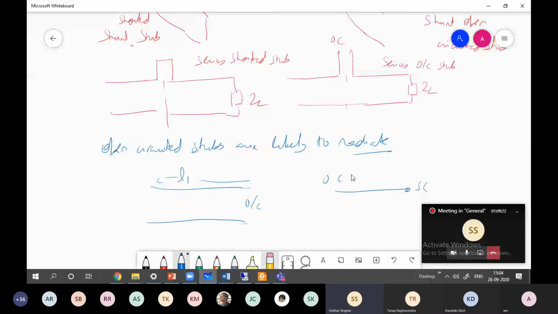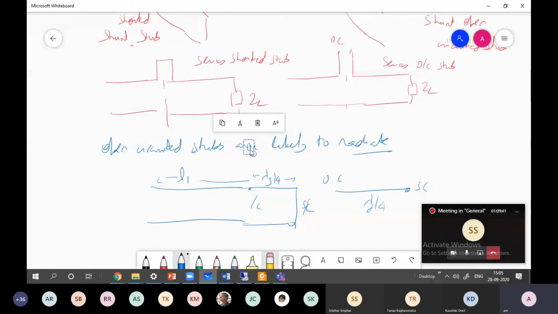Lambda by 4. Yes, lambda g by 4. So straightforward, if I extend this length by lambda g by 4, this is my short circuited stub.